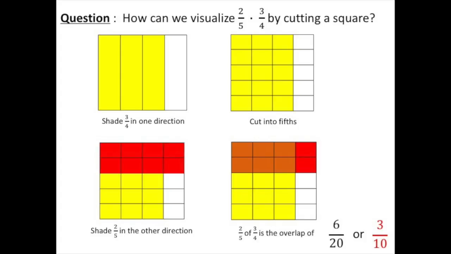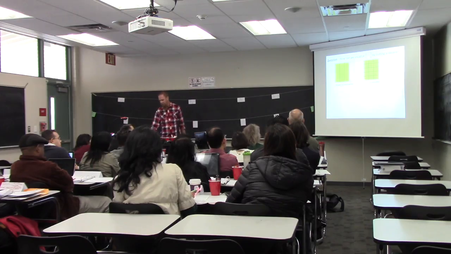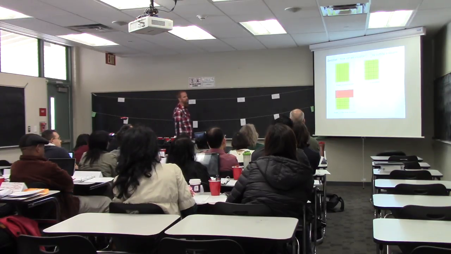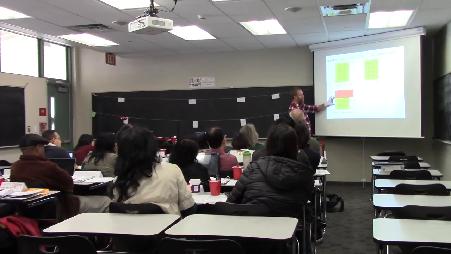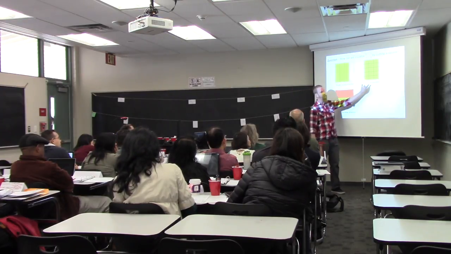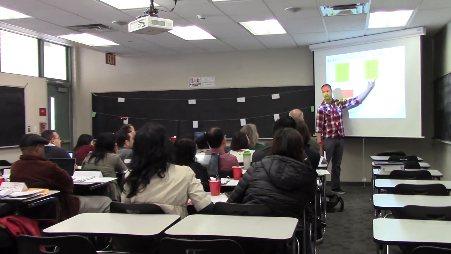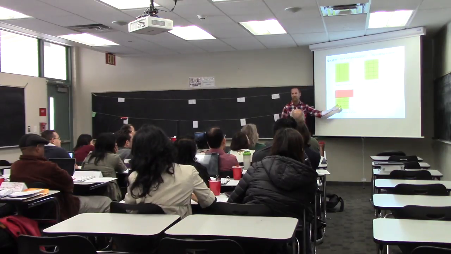So if I now cut them horizontally into fifths, now I want to find out what is 2/5 of the shaded yellow 3/4. But if they're cut horizontally into fifths now, I should be able to shade 2/5 horizontally. So I know that now, if this is 2/5 horizontally, while this was 3/4 vertically, what would we say 2/5 of the 3/4 is?